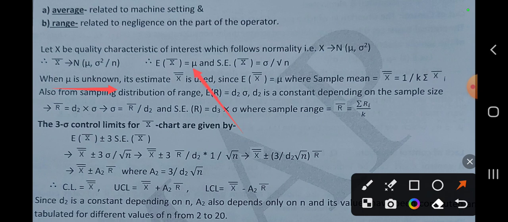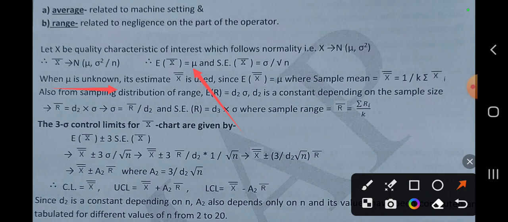We know that the expectation of x bar bar is equal to mu, so x bar bar is an unbiased estimator of mu. Therefore the sample mean should be taken as x bar bar, which can be calculated by summation x bar i divided by k, where k is the number of samples.